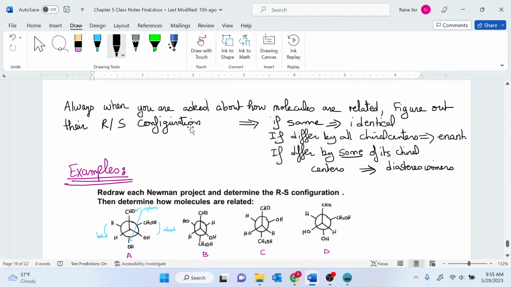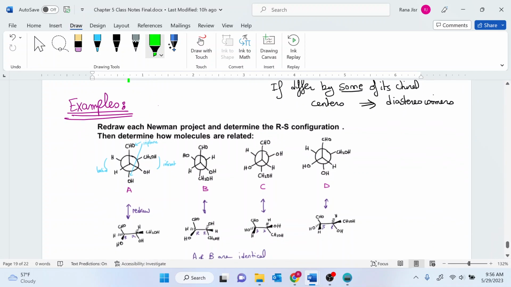If the configuration is the same, then the molecule is going to be identical. If the configurations are different at all chiral centers, then the molecules will be enantiomers. If they differ at some of the chiral centers, then they are going to be diastereoisomers. So as you can see, figuring out the configuration is very important.